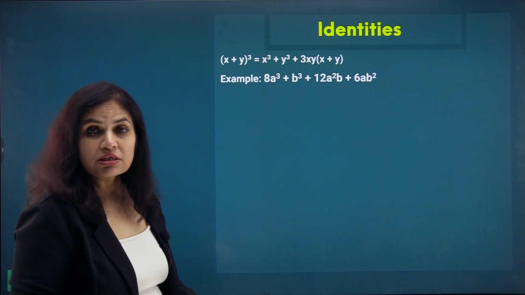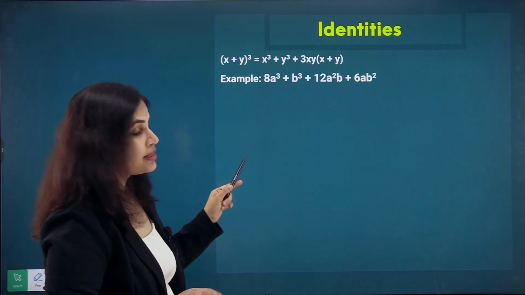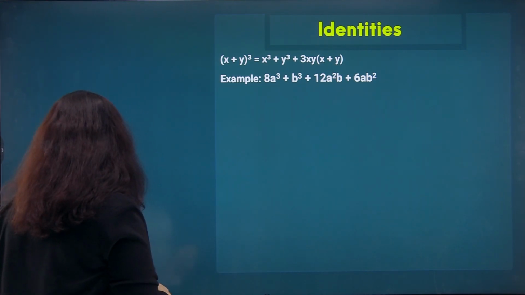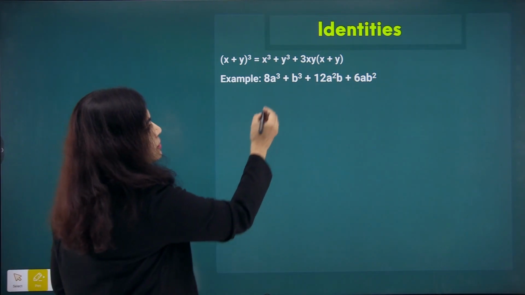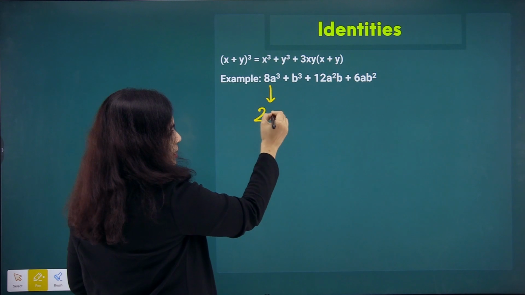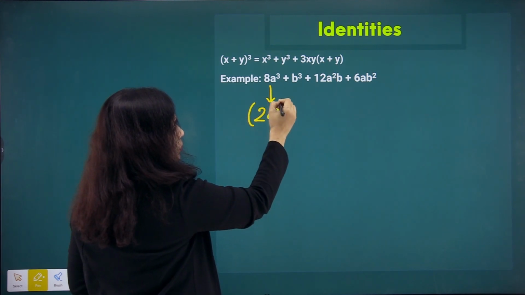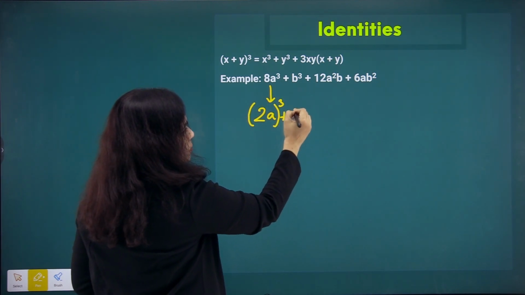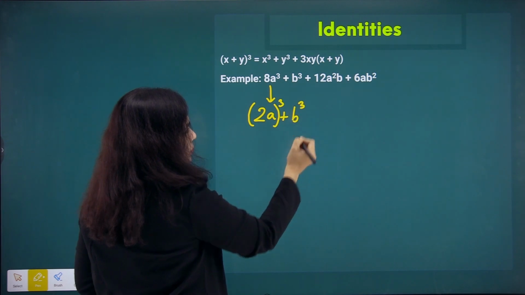Like we write the square numbers as whole square, here also we'll write the cubic numbers as whole cubes. So, 8a cube can be written as 2a whole cube, b cube is b whole cube.